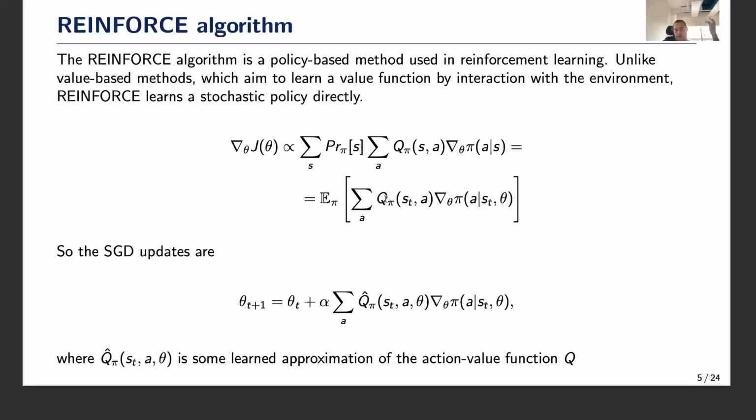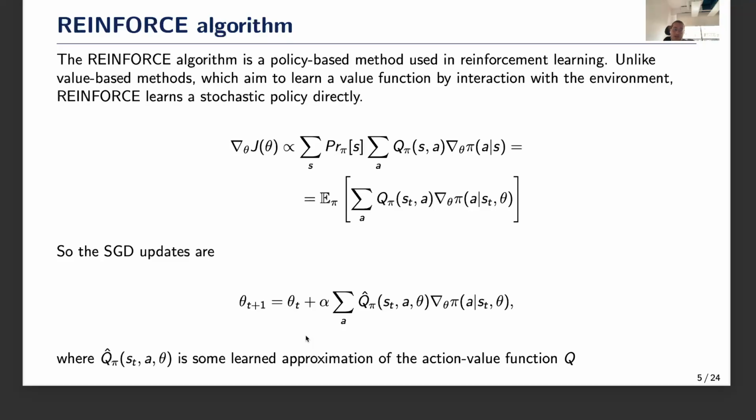Well, we can rewrite the entire expression as an expectation under the policy. This means if we sample states and actions by simply running the policy in the environment, we get data that reflects this expectation.